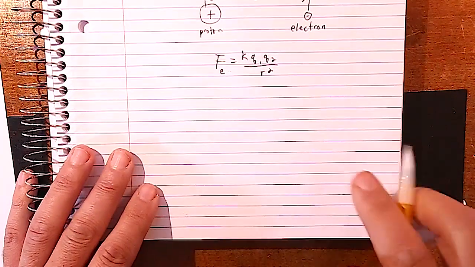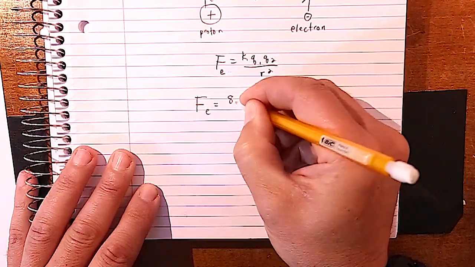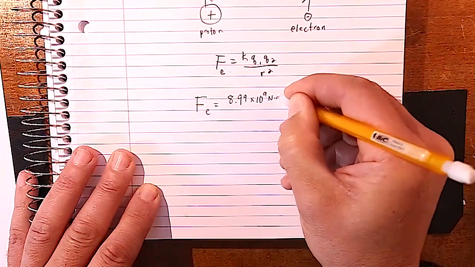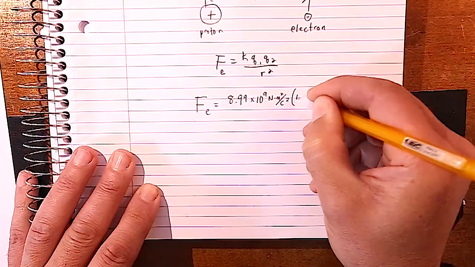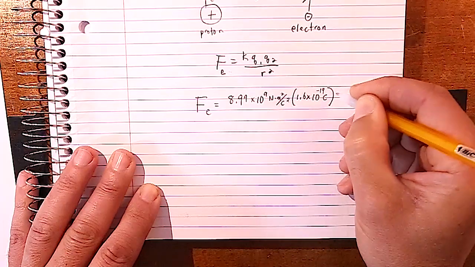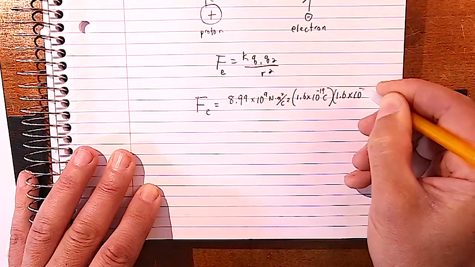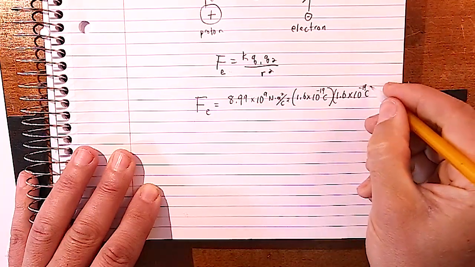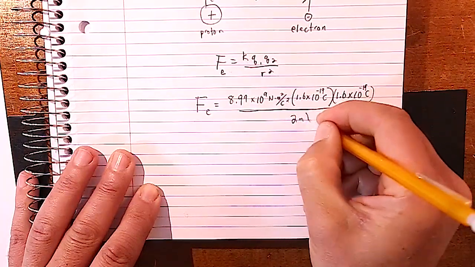So let's go ahead and put our numbers in. So we would have Fe equals 8.99 times 10 to the 9th Newton meters squared per Coulomb squared times the charge of a proton, 1.6 times 10 to the minus 19th coulombs, and ignoring the sign of the charge, 1.6 times 10 to the minus 19th coulombs for the electron. And then we have all of that divided by 2 meters squared.